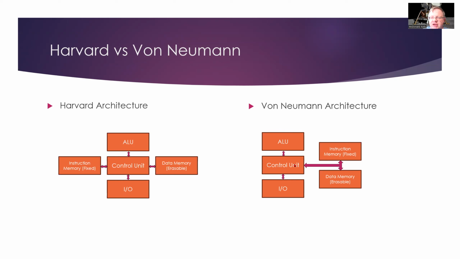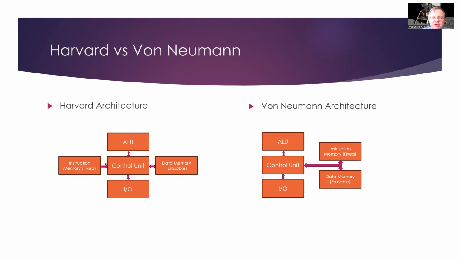This is where you've got your control unit within your CPU, your ALU, which does your math, IO, which is input and output, and then both RAM and ROM, which is looked at as one continuous segment of memory. Some of it you can write to, some of it you can't, whether it's erasable or fixed. Basically, you treat memory as one continuous field.